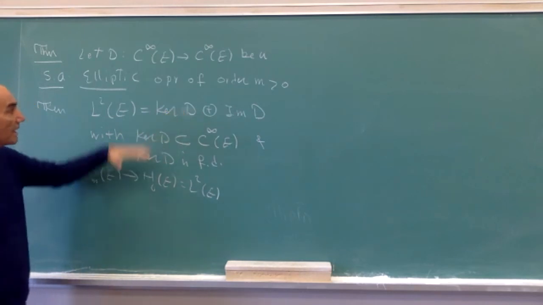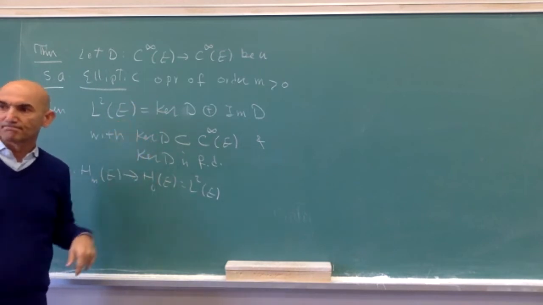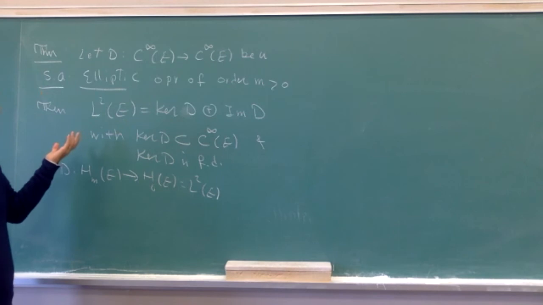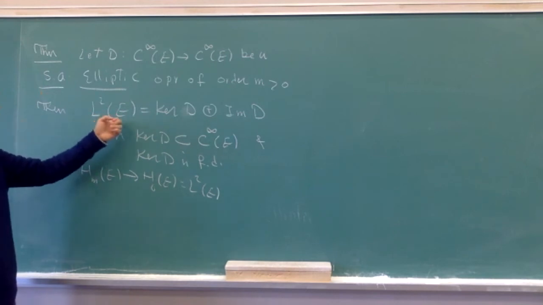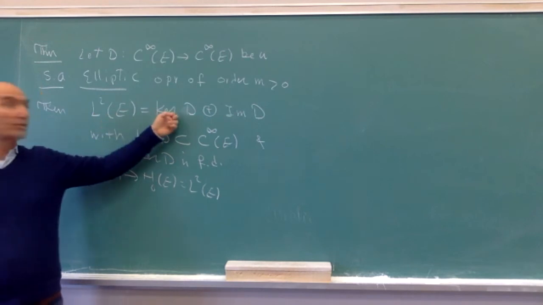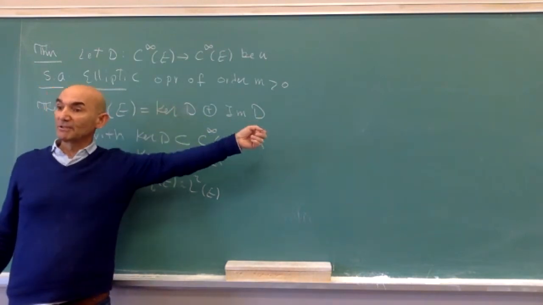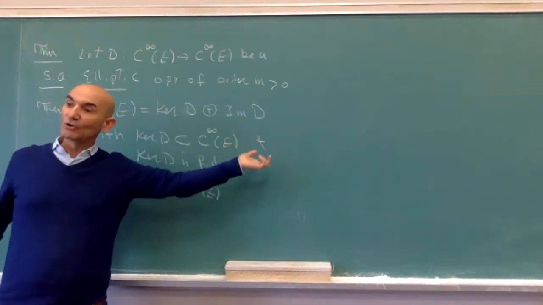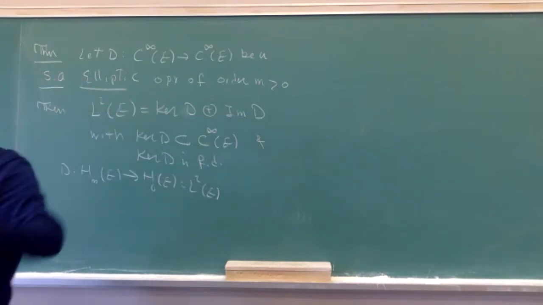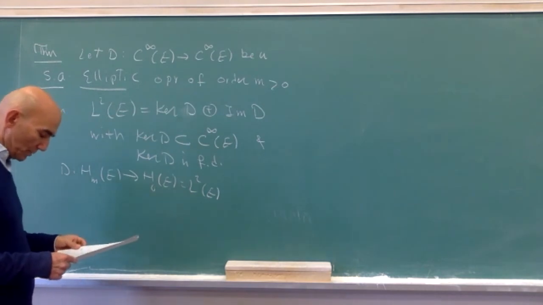So in this sense, the result makes sense. But then we will prove something to that effect, that also C-infinity of E is equal to kernel of D plus image of D from C-infinity of E to C-infinity. So there is a corresponding C-infinity decomposition also, but this follows from that. Okay, so there is this issue one has to be aware of.